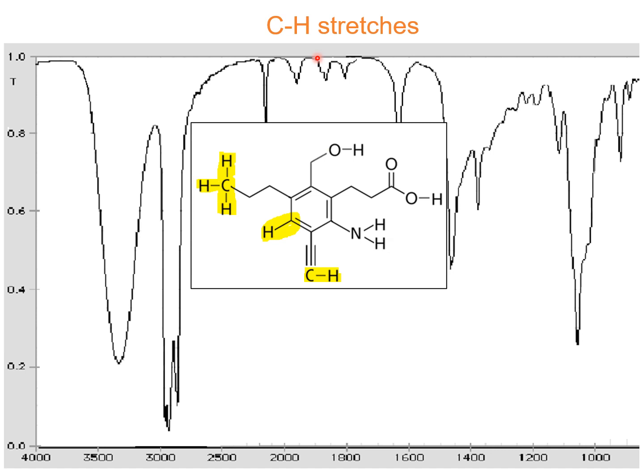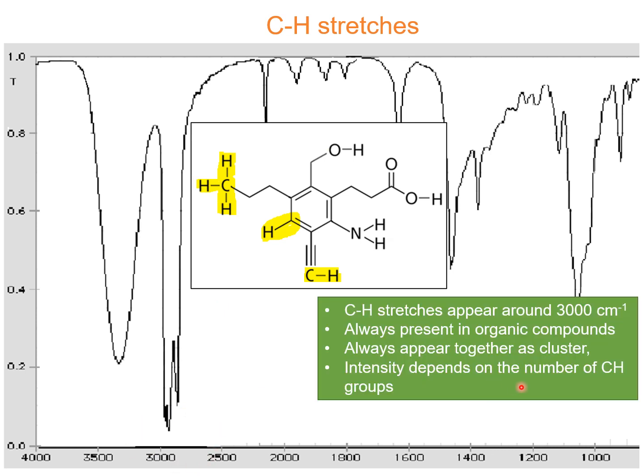So every organic compound will contain at least 1 carbon and hydrogen. That is why in every IR spectrum, whenever it comes in front of you, you need to first look at CH stretches. They appear around 3000 centimeter inverse.